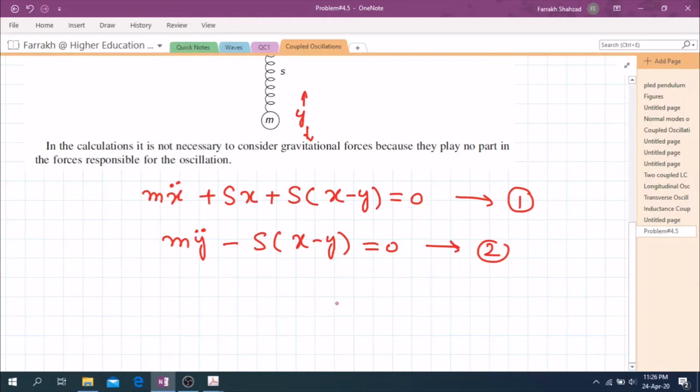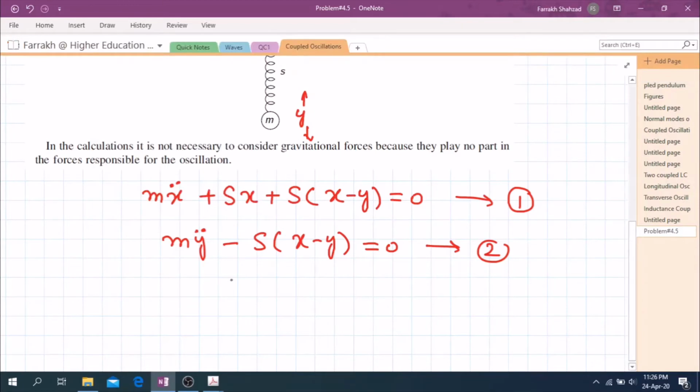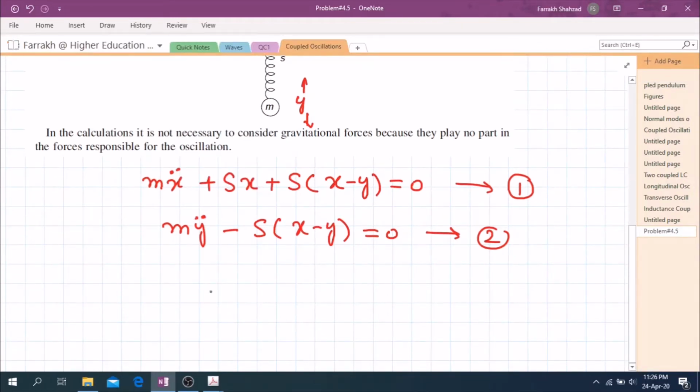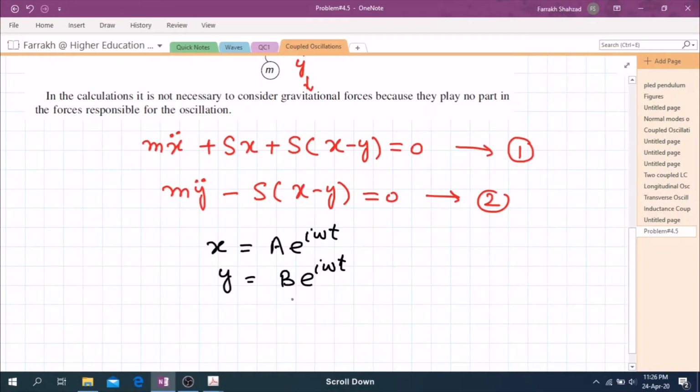We assume that the solutions of these two equations are x equals A e^(iωt) and y equals B e^(iωt). If the masses start from rest, then we can assume the solutions like this.